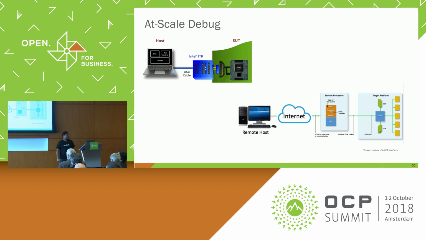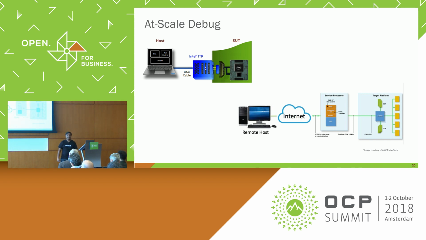The second advanced feature I would like to bring up is at-scale debug. This is the previous way, before at-scale debug. The way we used to debug is we go to the system where there is a problem happening, and we try to reproduce it on one system, connect using a USB cable and the blue box ITP, connect it to a laptop, and then debug what happened, getting the information from the CPUs.